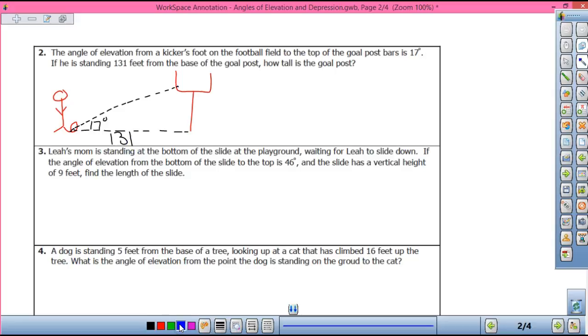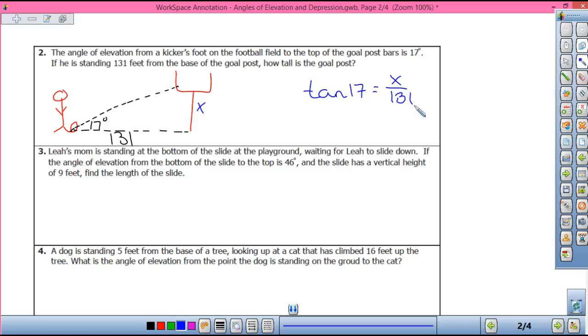And then it says, how tall is the goalpost? So what are we looking for? The opposite side, yep. We want how tall it is. So what am I using? Tangent again. So tangent of 17 equals x over 131. So now what am I doing?